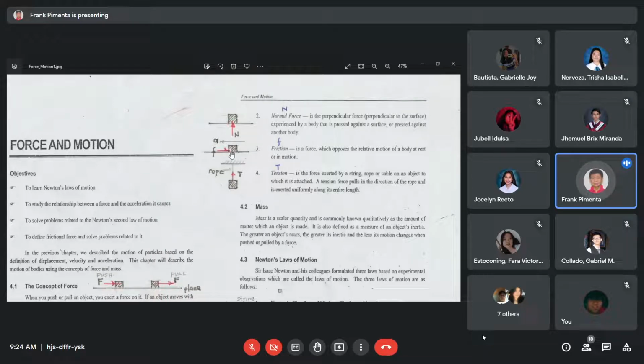Now, if the two surfaces are rough, you feel more the force that is opposing the motion. So the friction is produced by the rubbing of the two surfaces. That's why the correct location of friction is between the two surfaces of the object and the plane. Here is where the friction is pointed.